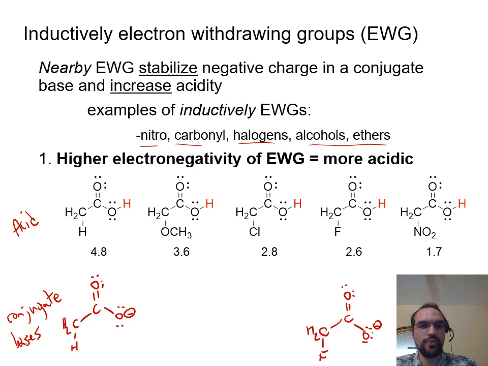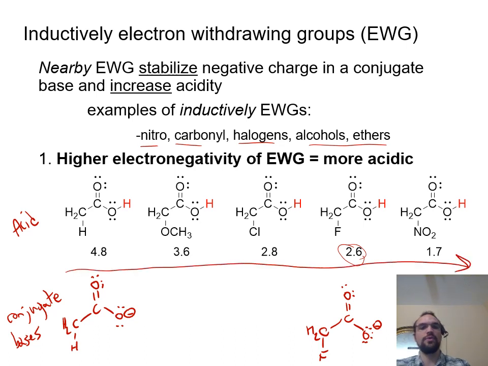And what's the difference here? Well, fluoroacetic acid, with a pKa of 2.6, is a much stronger acid than acetic acid. In fact, as we go left to right, we're seeing stronger acids. The same thing that's happening is the electronegative pull of the substituents is also increasing.